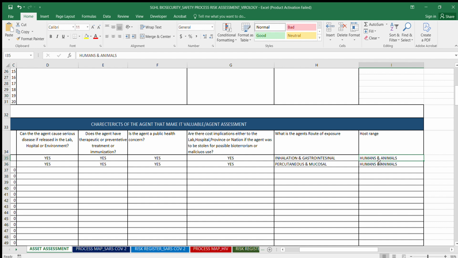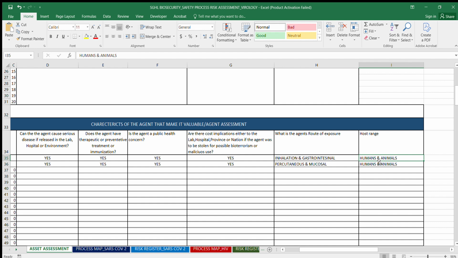And if the humans get infected or exposed, they have the disease and they have the illness. If they come into contact with other humans and animals, then this particular agent will be spread to the animals and to the humans, and there will be a wider spread of this agent, and therefore it becomes a bit more valuable if you add virulence to it.